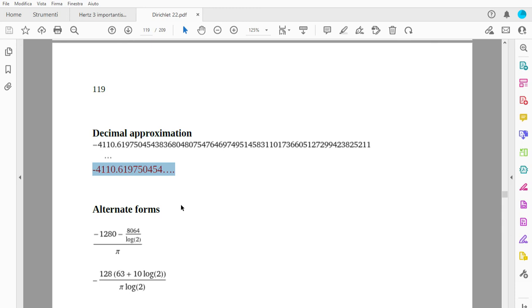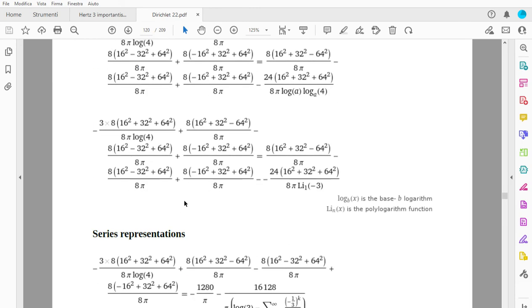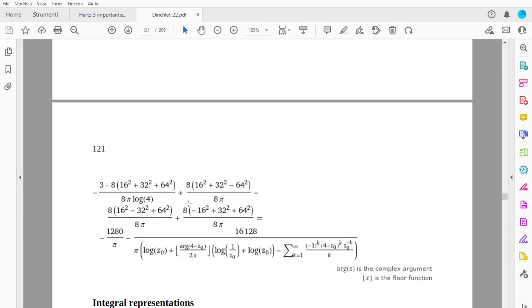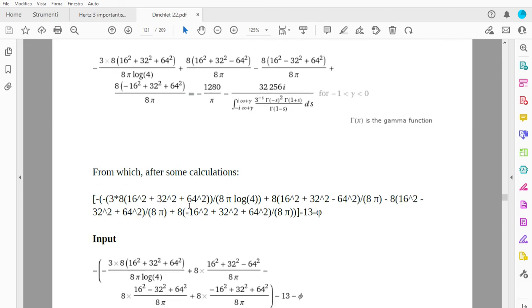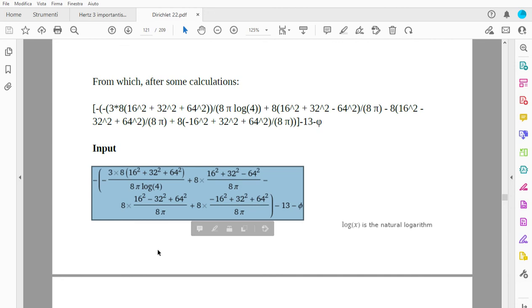Also here the study of the function, as we can see, from which, after some calculation, we obtain this expression.